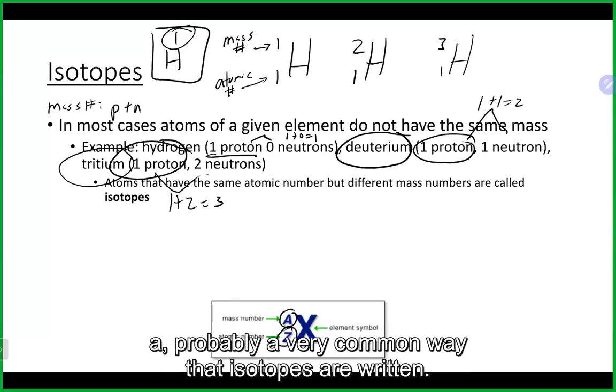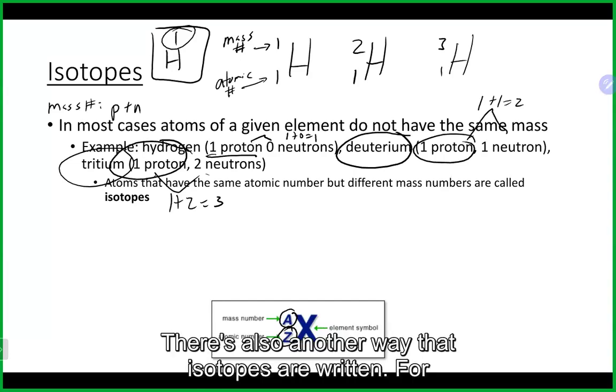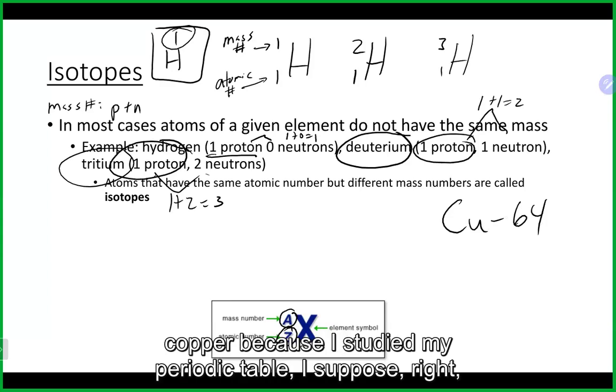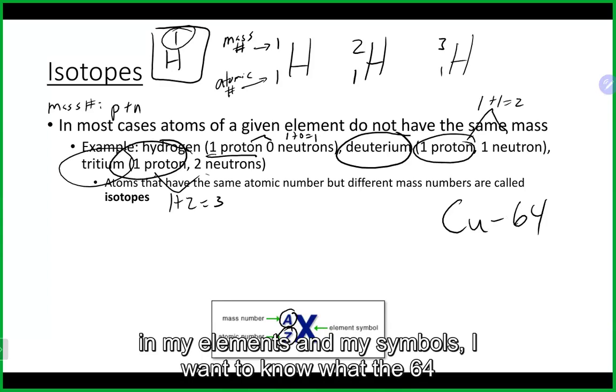This is probably a very common way that isotopes are written. There's also another way that isotopes are written. For example, if I go with Cu64, that is copper 64. I know Cu is copper because I studied my periodic table and my elements and my symbols. I want to know what the 64 represents.